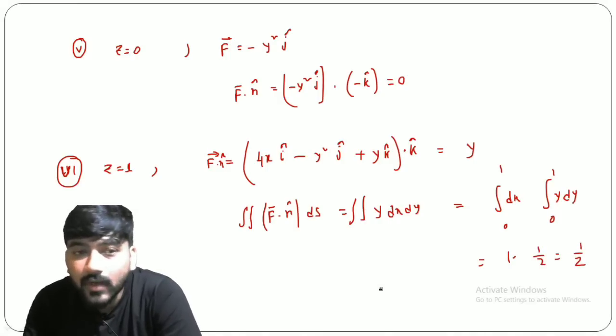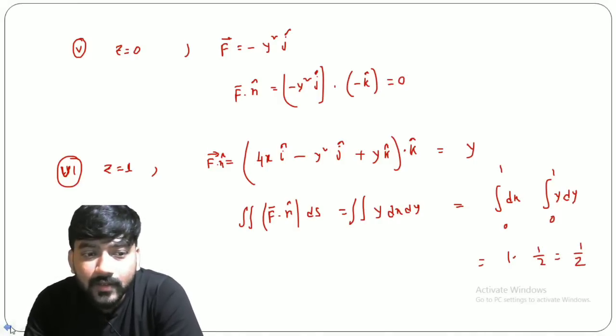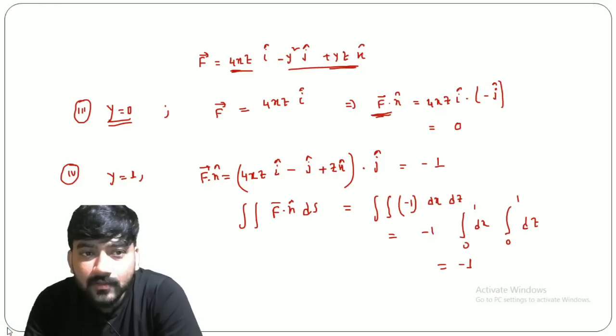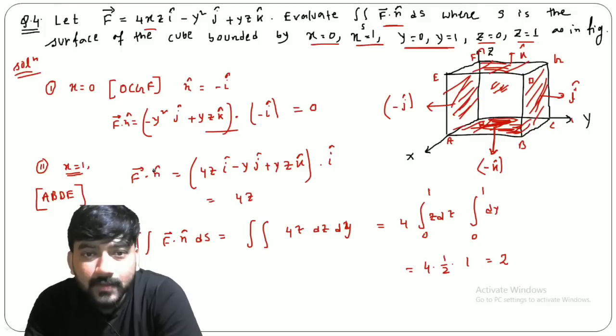So for the 6 surfaces, we get a finite result for 3 surfaces, and for the other 3 surfaces it will be 0. For the first surface we get 2, then we have got minus 1, then again we have got half.